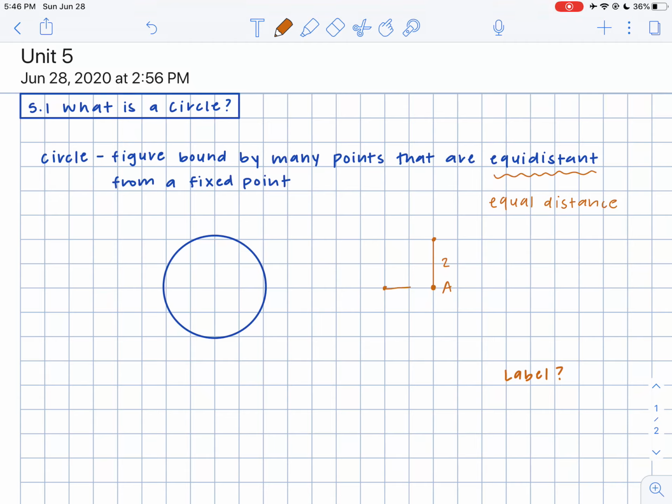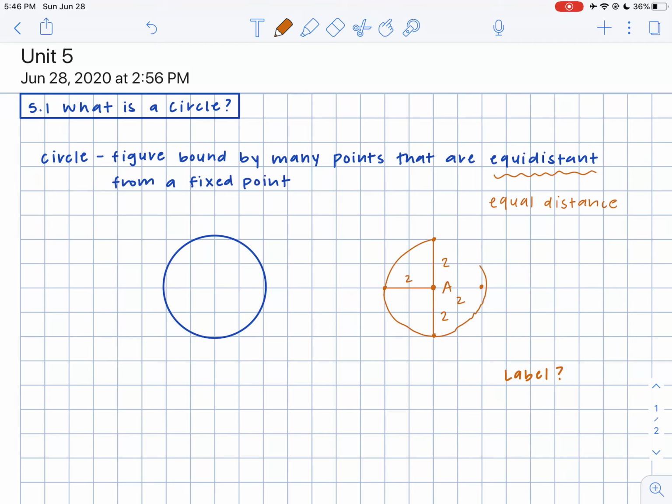Now let's make another point, and it has a distance of 2. And let's make another point, and it has a distance of 2. And let's make another point, and this also has a distance of 2. But I don't want to draw the line, okay? So you see here we have many points, and they are all equidistant from a fixed point.